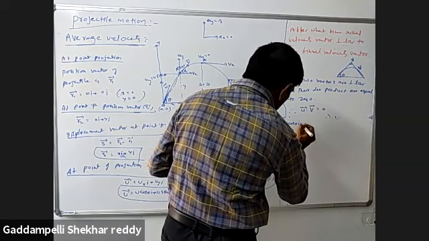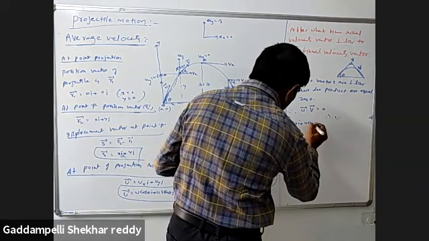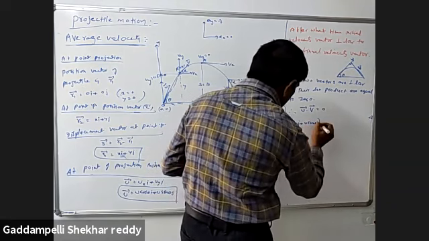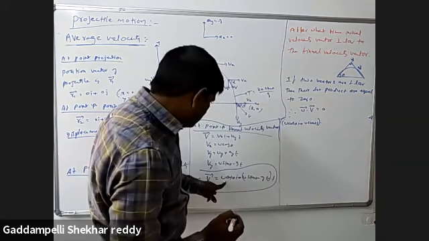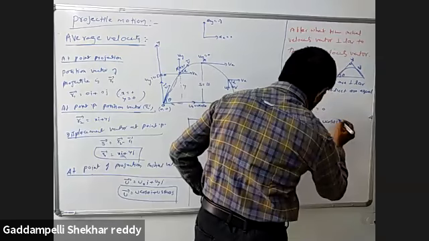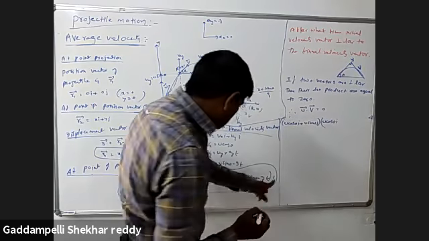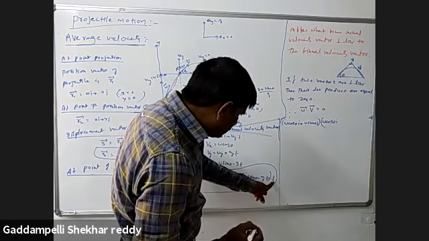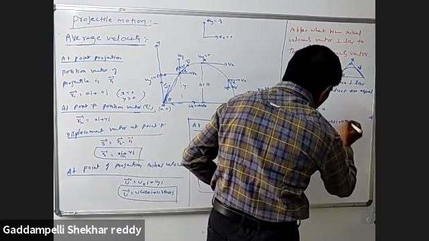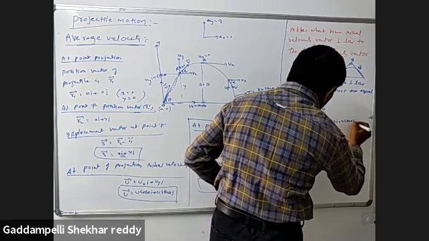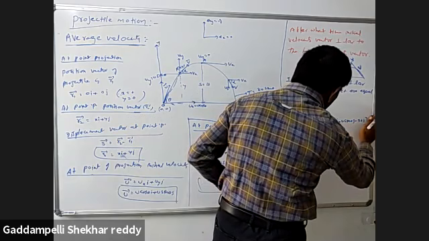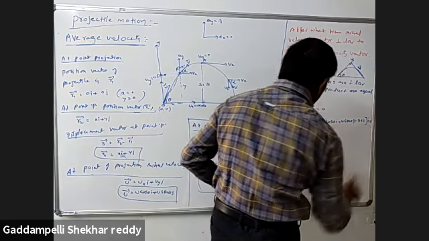U cos theta i plus u sin theta j dot final velocity vector u cos theta i, and here j applies to both: u sin theta minus gt j, that is equal to 0.